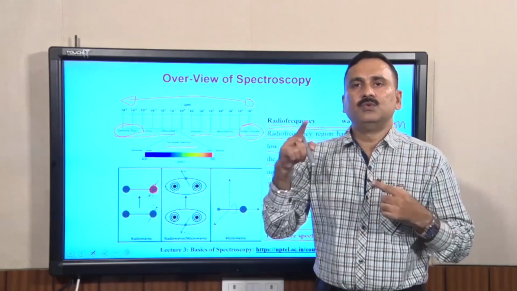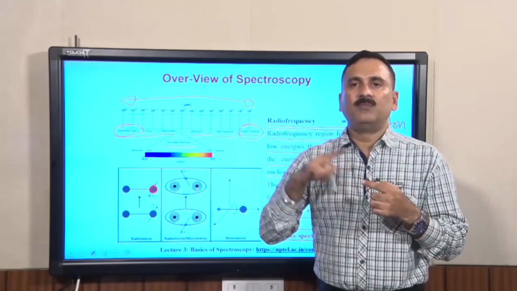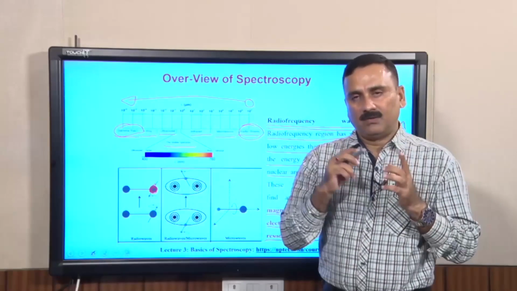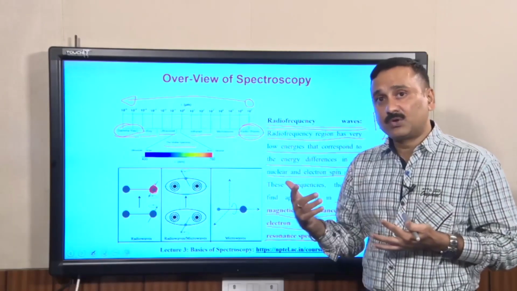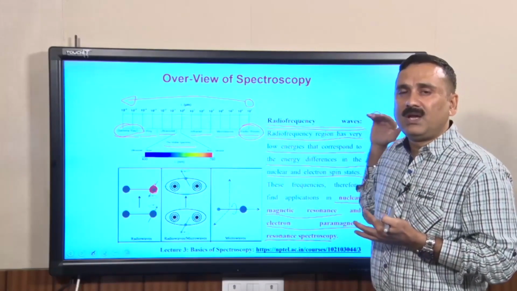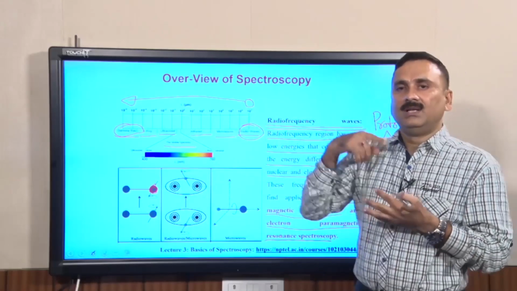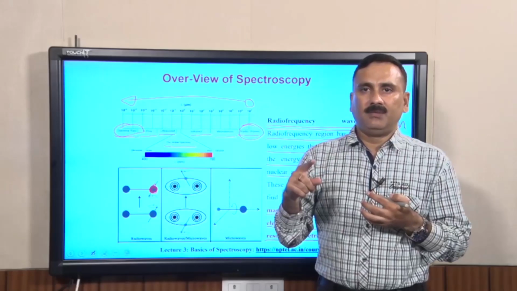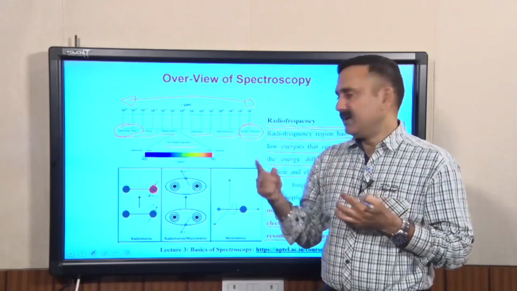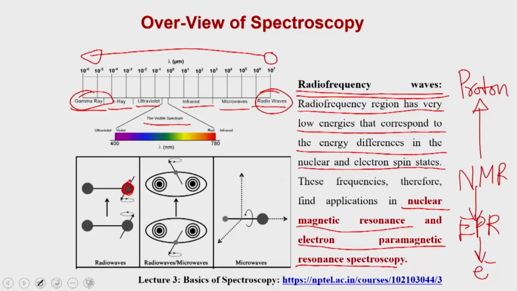So, you can study the rotation movement within the electrons using EPR spectroscopy, whereas you can use NMR spectroscopy to study the rotation movement within the protons which are present inside the nucleus.